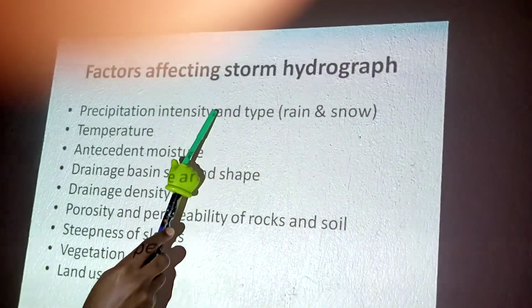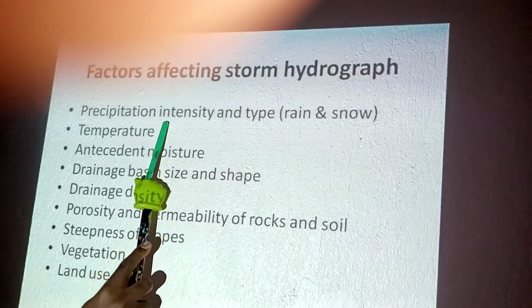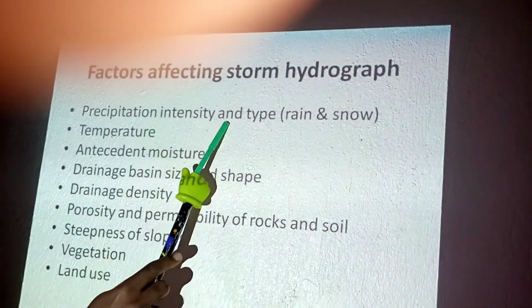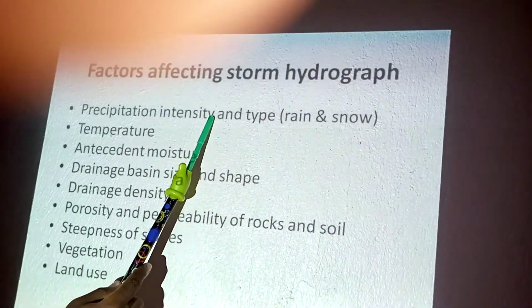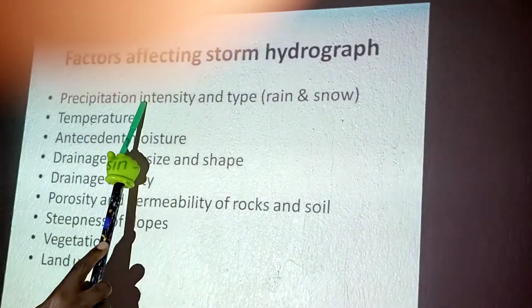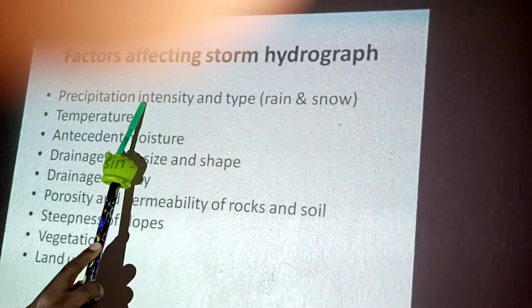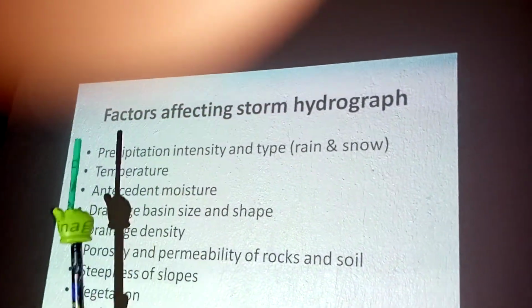When the precipitation intensity is high, there is more surface runoff, because there can be quick saturation of soil moisture, or there can be infiltration excess overland flow.